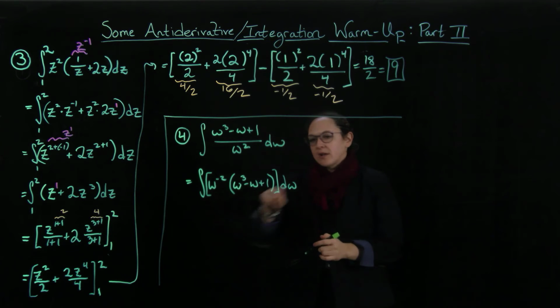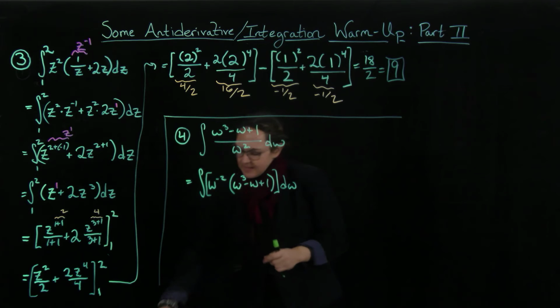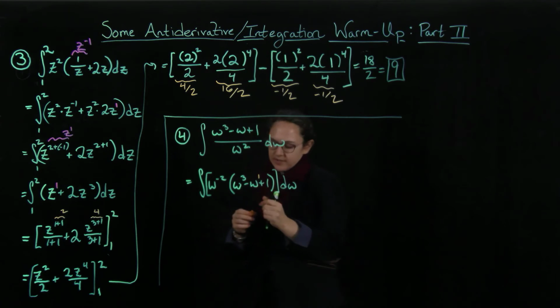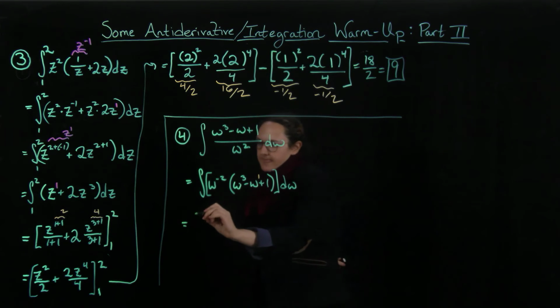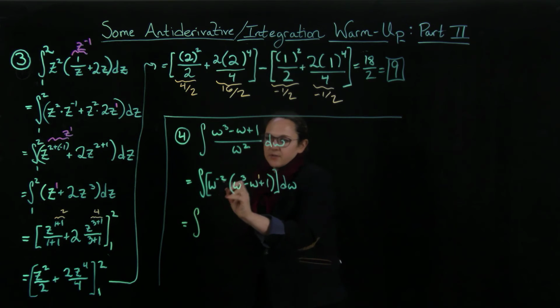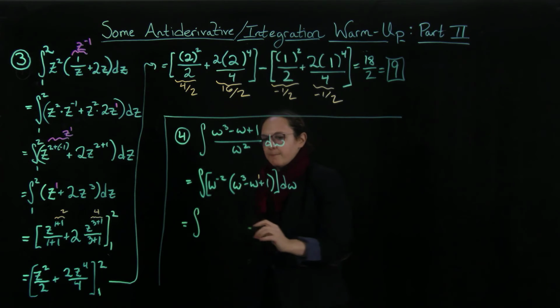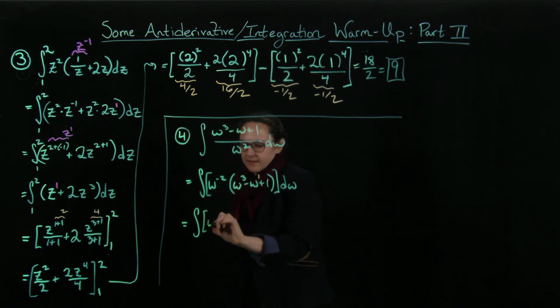And then I can keep going, distributing this out. It might help to remember that this is a 1 here, so I'll just put it there. And then we go ahead and do that. So we get the integral of, and now we multiply the first two. I'm going to do more steps here than I did over there.